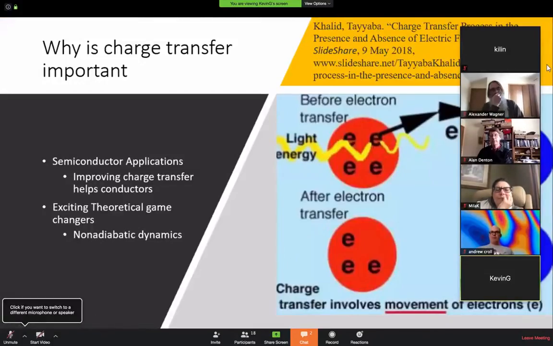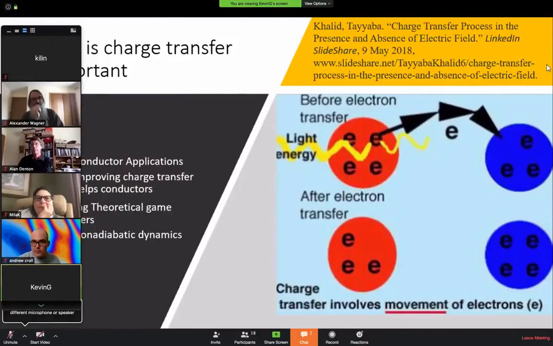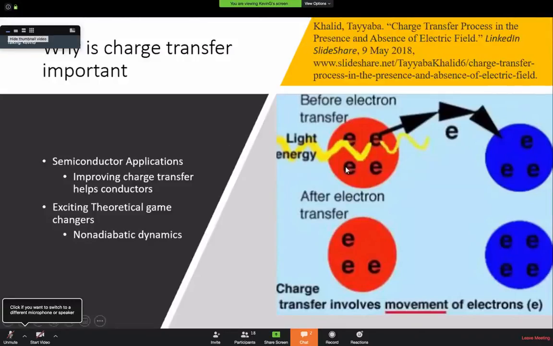Okay, so before I get started, I need to lay out some quick background information, which is: what is a charge transfer? Why is it important? Right here, you have a couple of electrons, and here you have an electron hole.